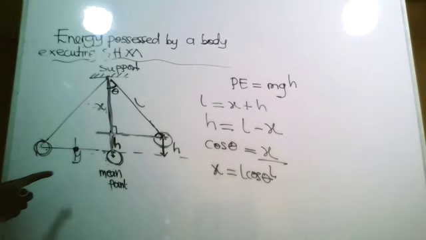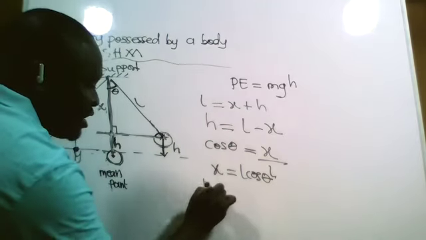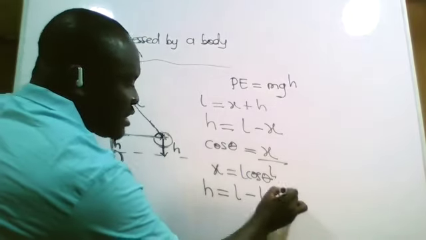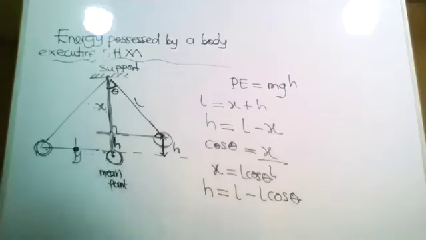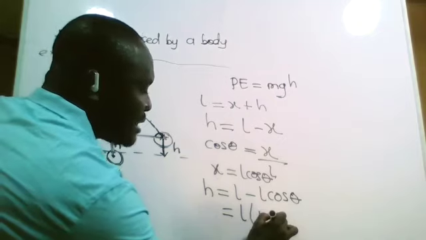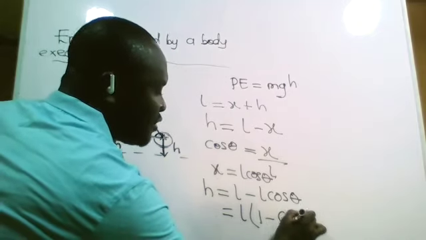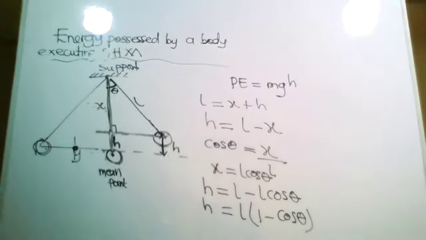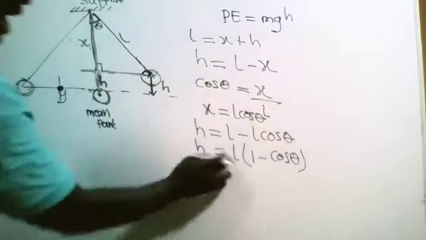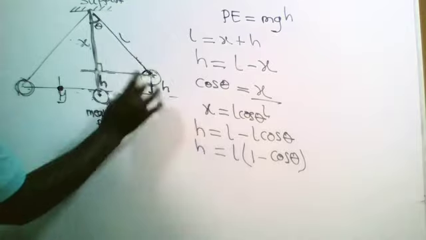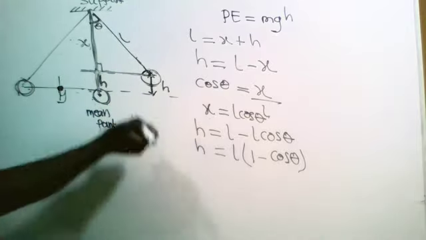If X is equal to L cos theta, then H is L minus L cos theta. So we can factorize L out and we have L times 1 minus cos theta for H. Therefore, by having this, we have an expression for the vertical height covered in terms of the length of the string and the angle it makes.